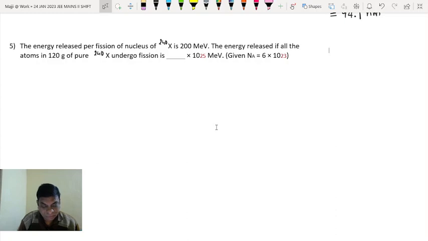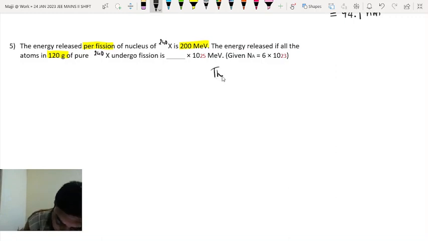Okay, so this is very simple. You see here, the energy released per fission is this much. So we have to calculate energy released if all the atoms containing 120 gram of this undergo fission. Simple. So energy released per fission multiplied by the number of fissions.